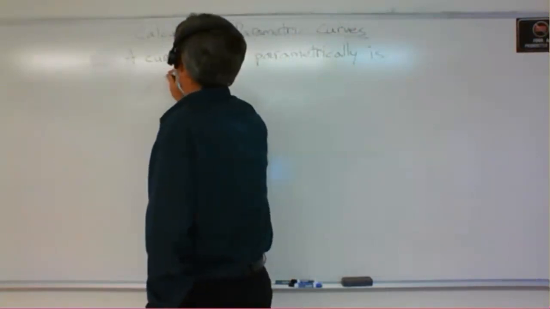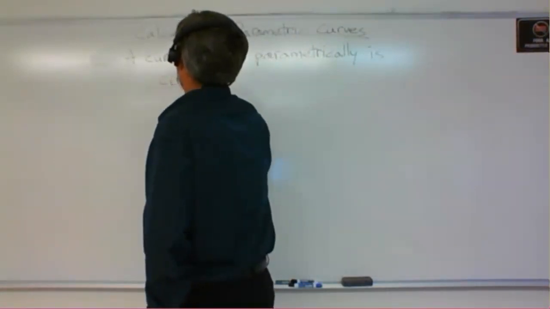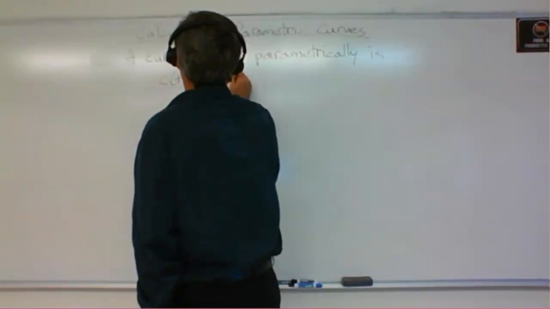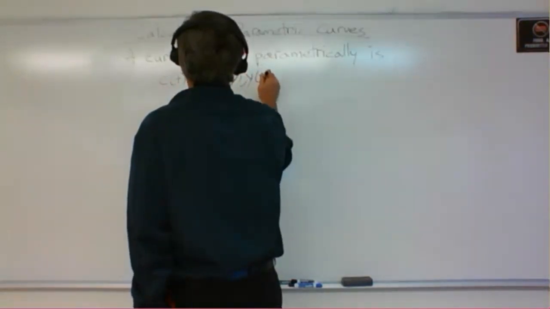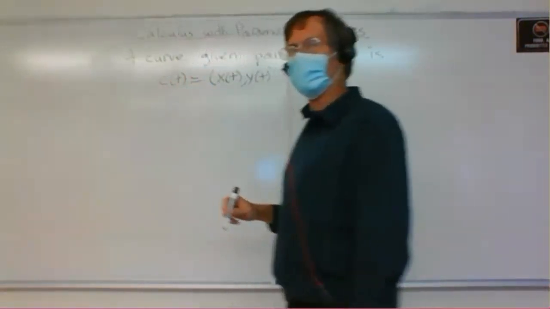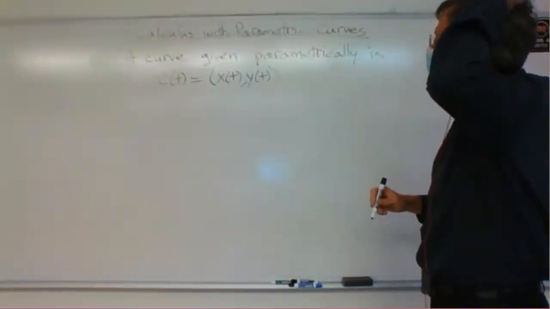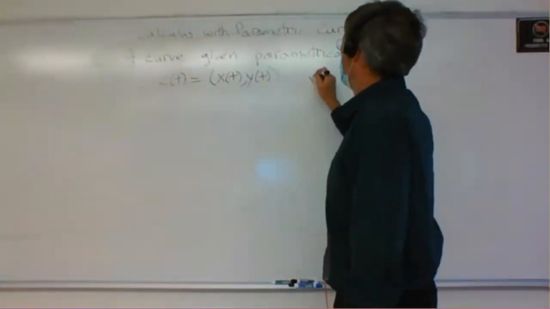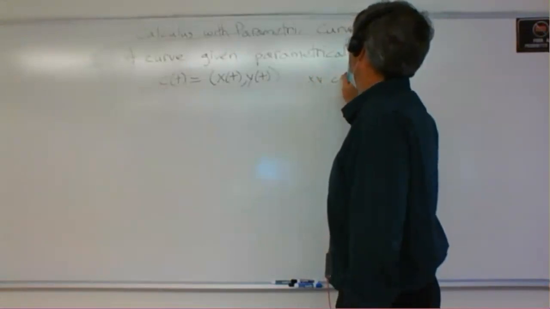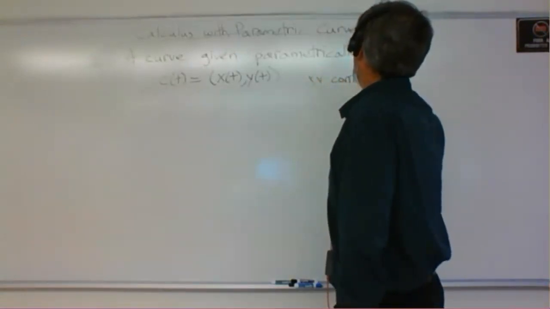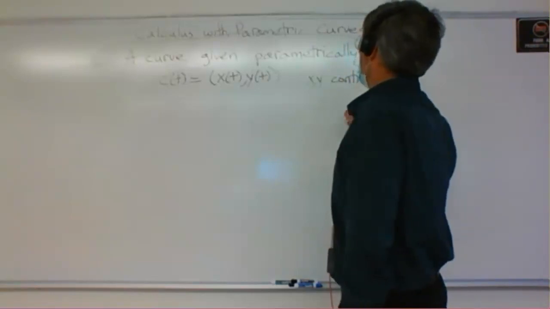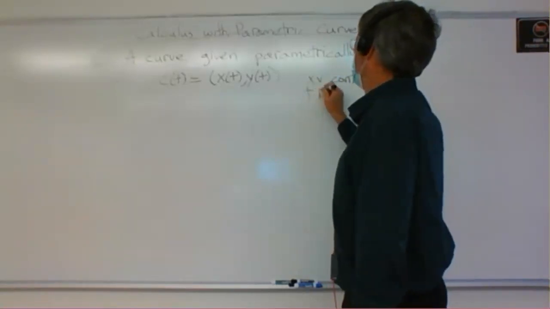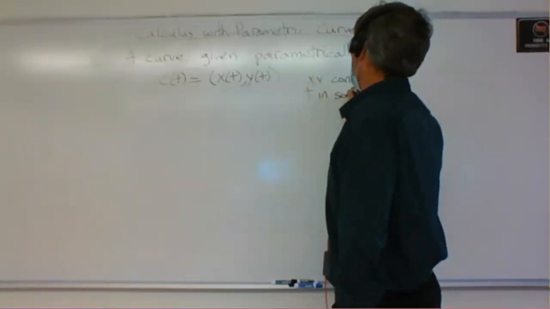Is a mapping c of t that gives a bunch of coordinates x of t, y of t in the plane, right? And we said this is even more important in 3 dimensions, but for us, we're just going to do it in 2 dimensions. With x and y continuous functions, and t in some interval of real numbers.